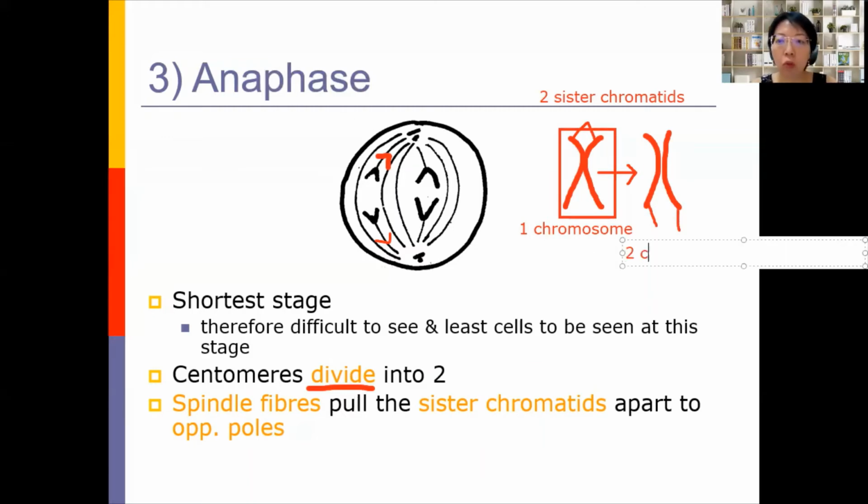So over here, you've got two chromosomes. That is when we call the two sister chromatids two chromosomes. When you learn with understanding, it's very easy to know when to call them sister chromatids, one chromosome, or two chromosomes. The moment sister chromatids separate, we already call them chromosomes, strictly speaking. So I will label this as chromosome rather than sister chromatids.